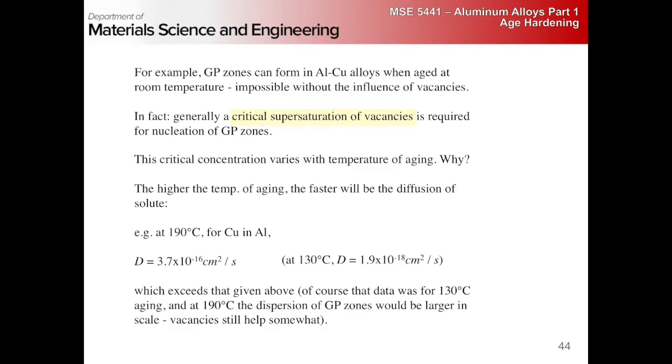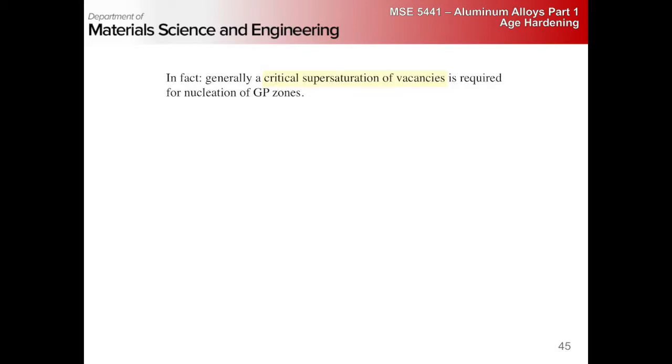So if we age at 130, you are going to have a finer, more even distribution of GP zones. If you age at 190, you're going to have larger particles in scale with a greater separation between them, with more coarsening. Okay.